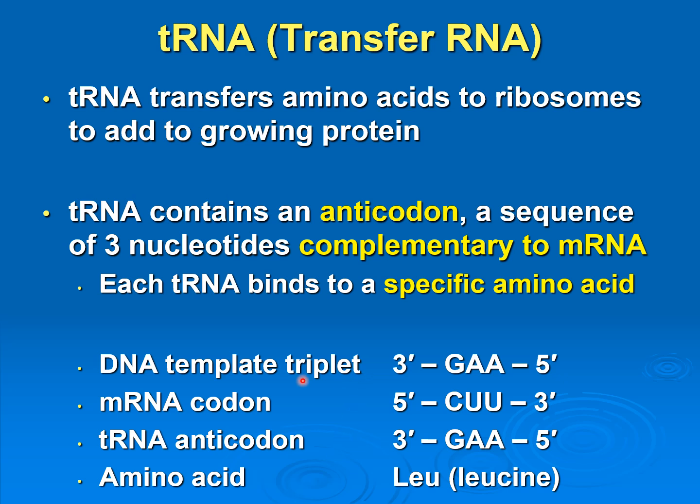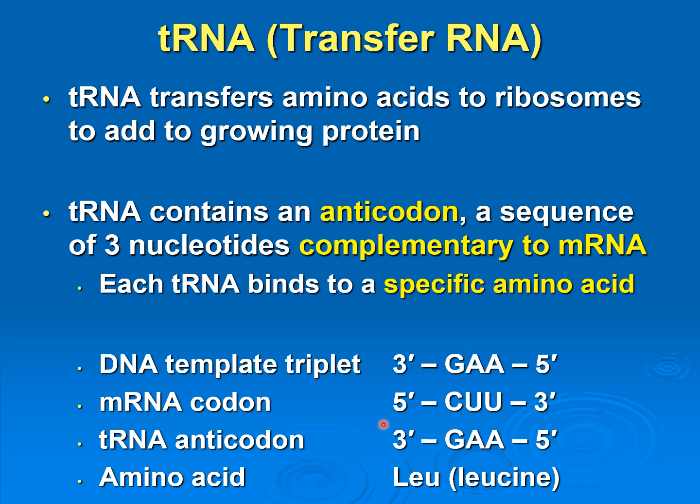If we have our DNA template triplet, here we have GAA on our DNA template strand. When we transcribe our DNA template strand, our messenger RNA will end up being CUU. You can see the G's and C's and A's and U's match up.